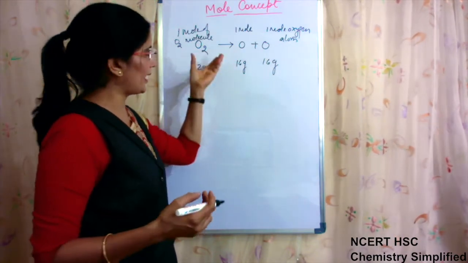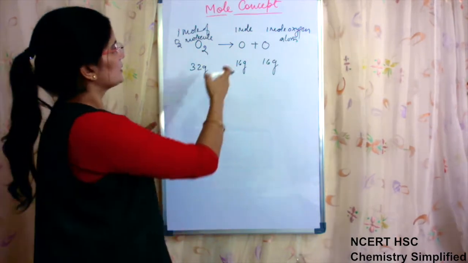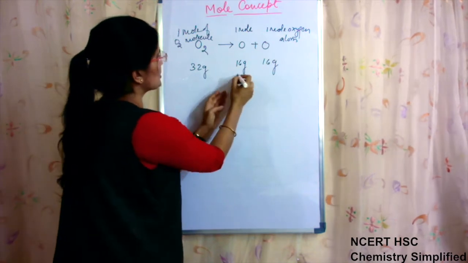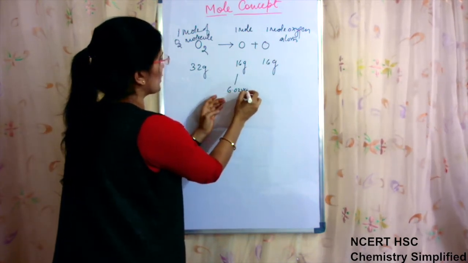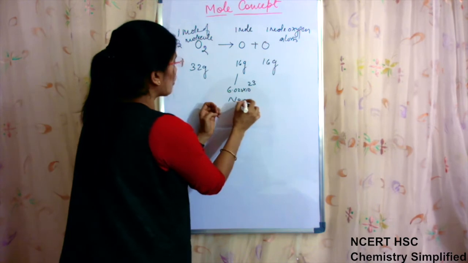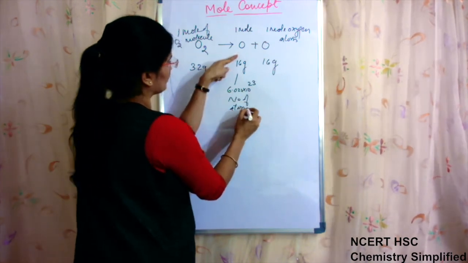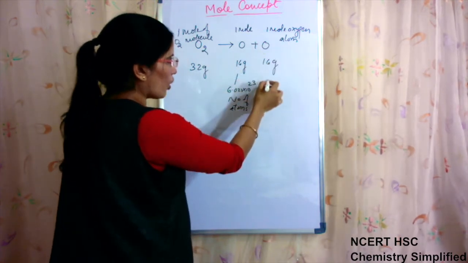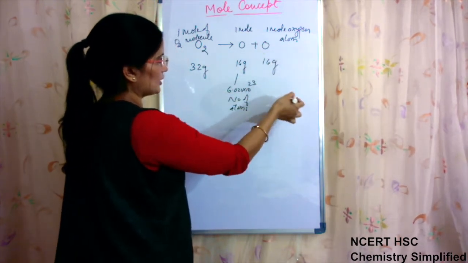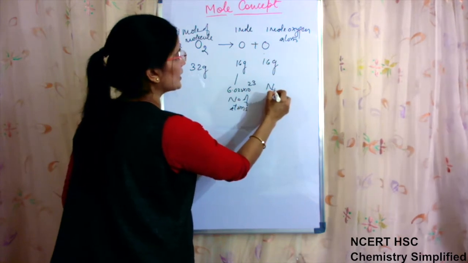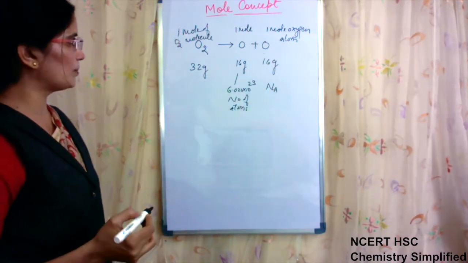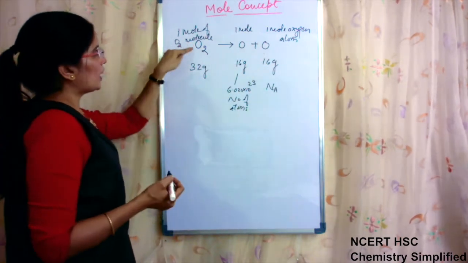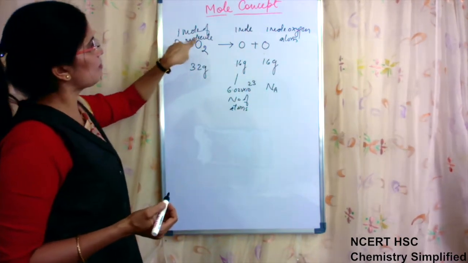So here in the language of moles, 1 mole atom of oxygen, which is equal to 16 grams, which is equal to 6.022 into 10 to the power 23 atoms of oxygen, combined with 1 mole of oxygen atom or 16 grams of oxygen atom, or this much number which I can write as Na, Avogadro number, then both of these combine to form 1 mole of oxygen molecule.